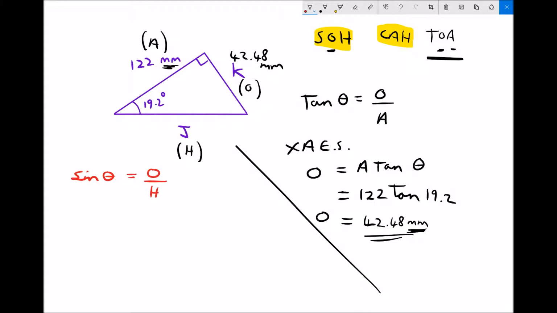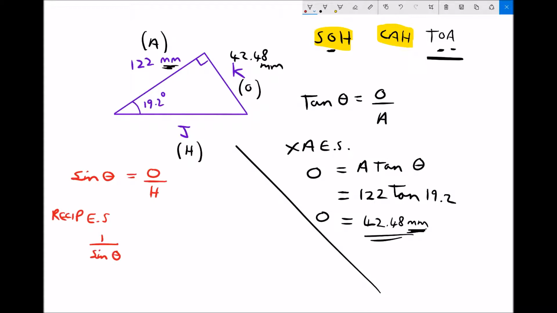Now, to get the hypotenuse on its own, I'm going to need to do two steps, because the thing I'm trying to find is on the bottom of that equation. Now, if you recall from the algebra topic, whenever the thing we're trying to find is on the bottom of the equation, we can do something called the reciprocal of each side. Well, when I recip the left-hand side, I'm going to get 1 over sine theta.